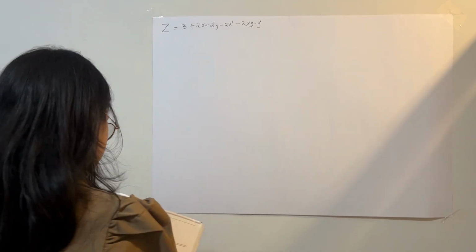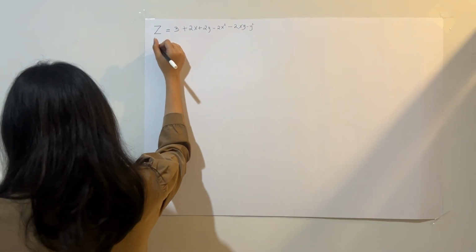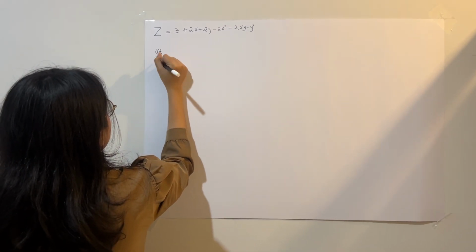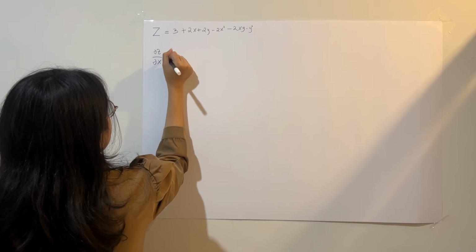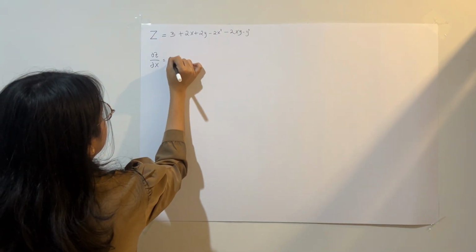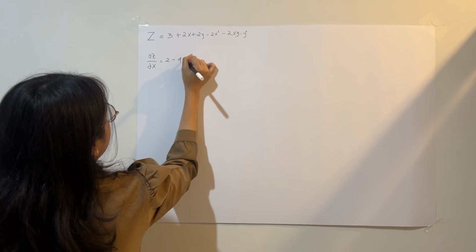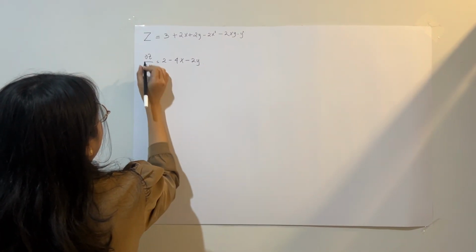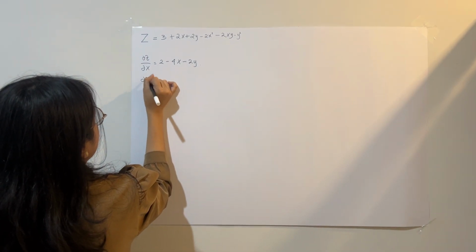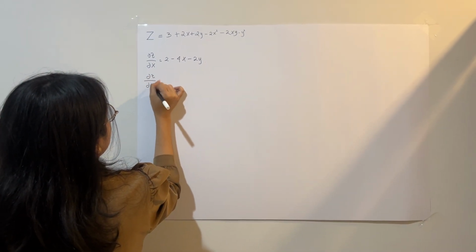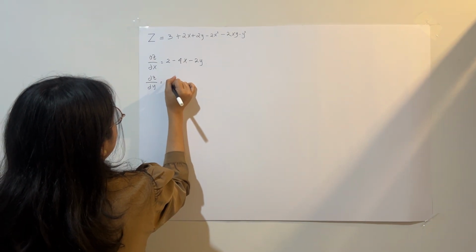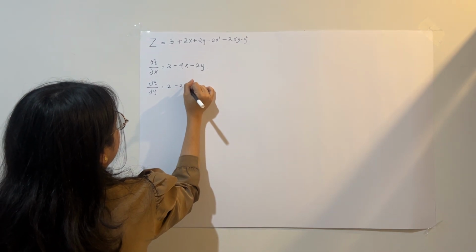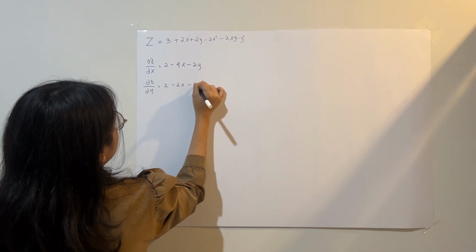First, take the partial derivative: dou z per dou x equals 2 minus 4x minus 2y, and dou z per dou y equals 2 minus 2x minus 2y.